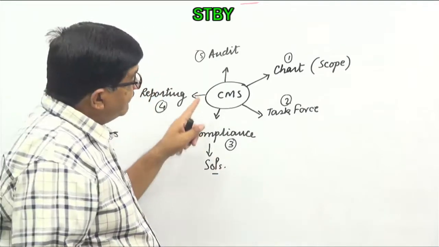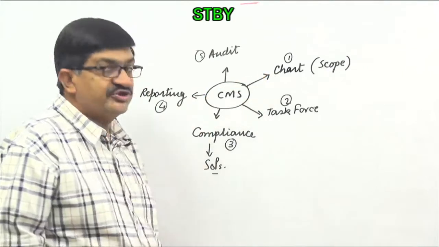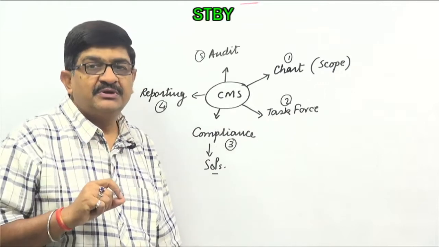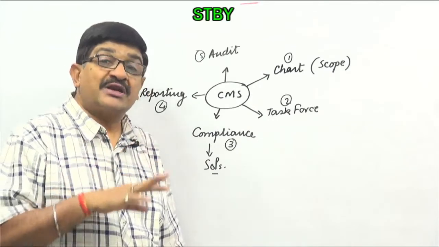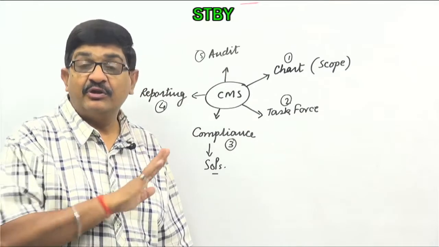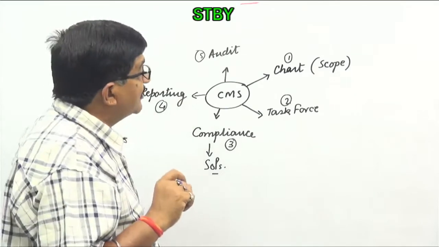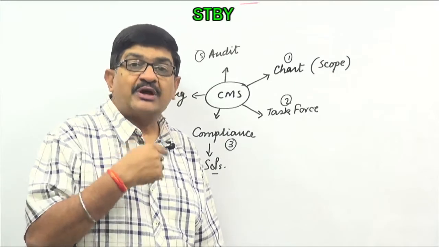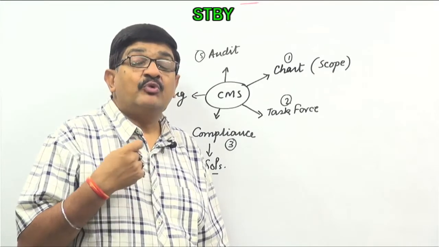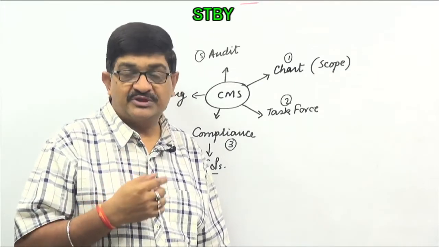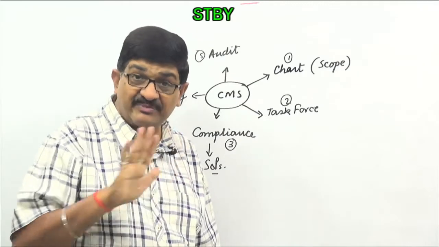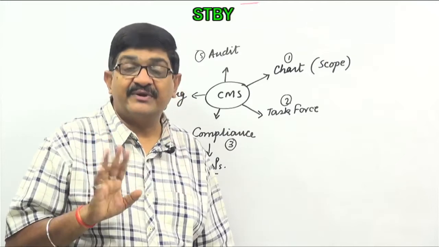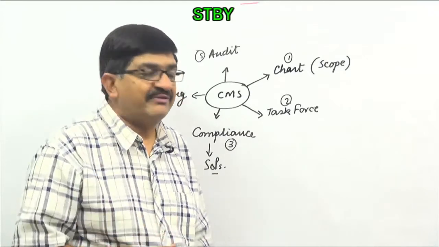Now, in the first step, that is charting, unless you know the scope and how many laws are covered therein, it will not be possible for you to create a proper compliance management system. So here I'm going to give you a hint. This is not 100%. This hint may be 99%, but it is not 100%, because so many things are certainly left out.